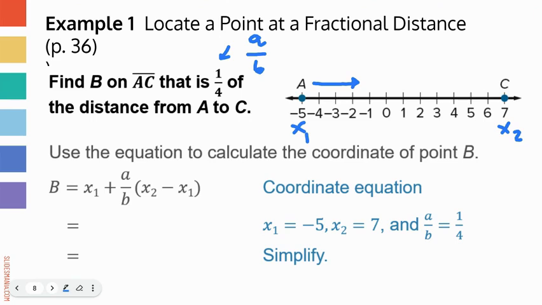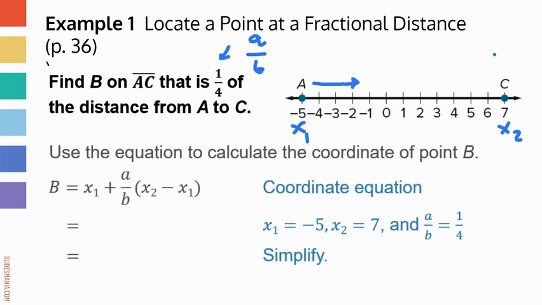And then x1 is our first point. We are going to use the equation to calculate the coordinate of point B. Our equation is x1 plus a over b times the quantity x2 minus x1. So we are going to substitute the numbers into the equation.